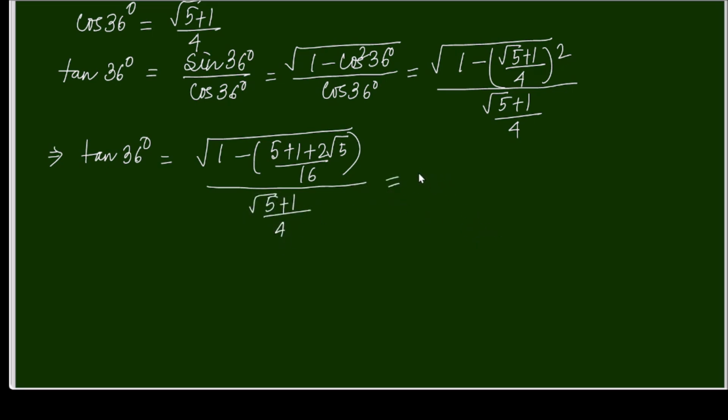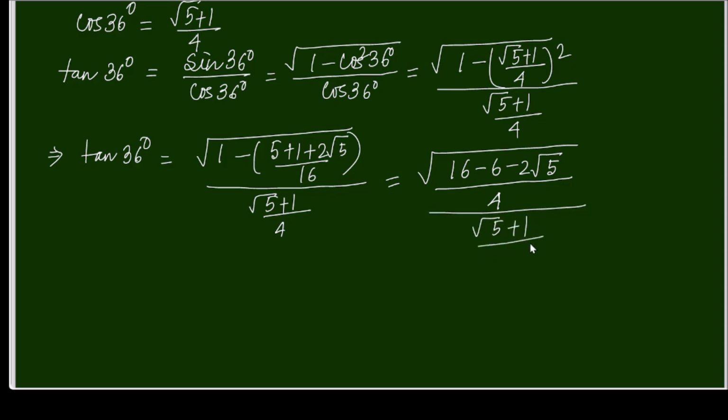Now simplifying the numerator, I'll get 16 minus 5 plus 1, that is 6 plus 2 root 5, so 10 minus 2 root 5 over 16, and the square root of 16 I am taking, it will be 4, whole upon root 5 plus 1 by 4. This 4 cancels.